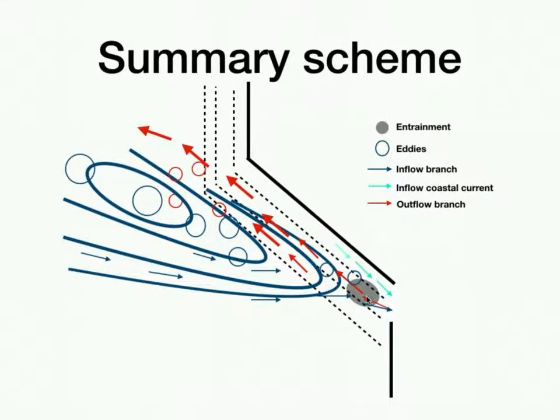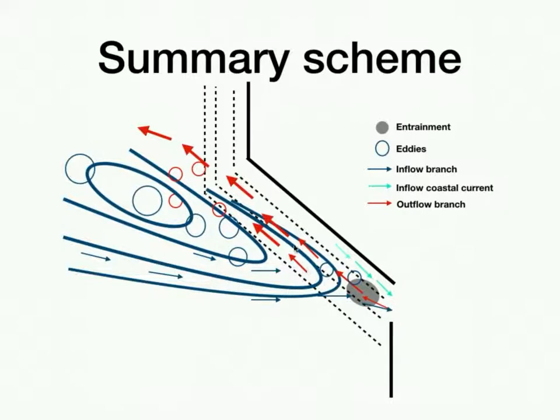Part of the flow just goes directly into the strait, or is entrained into the outflow. The development of horizontal circulation occurs a little bit offshore and to the north.